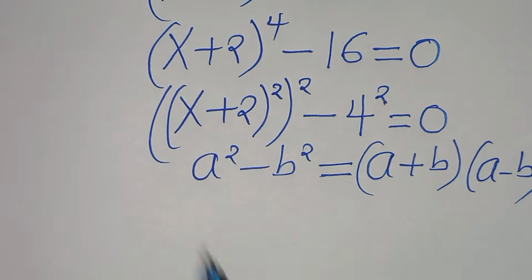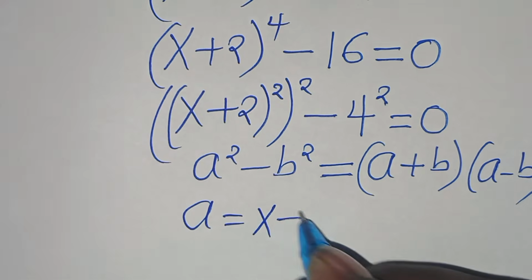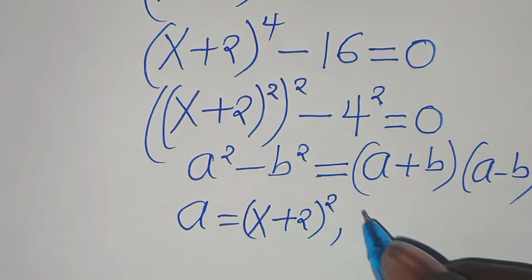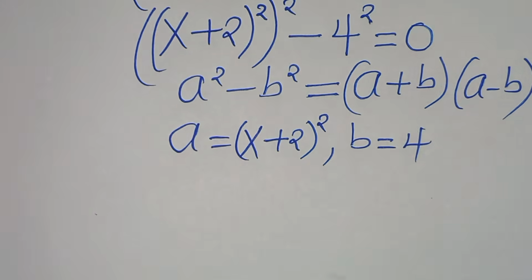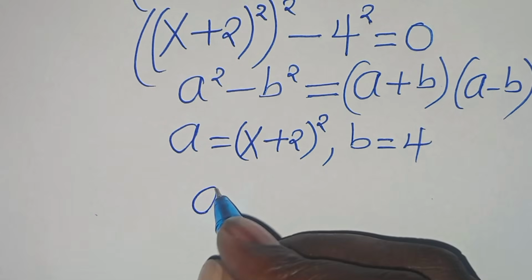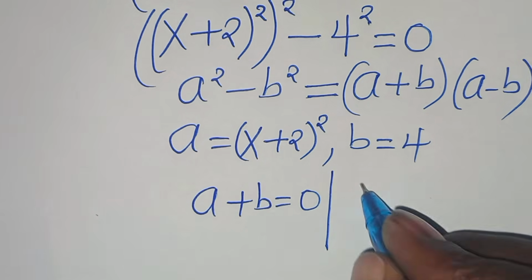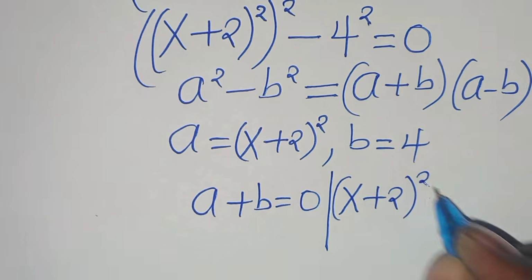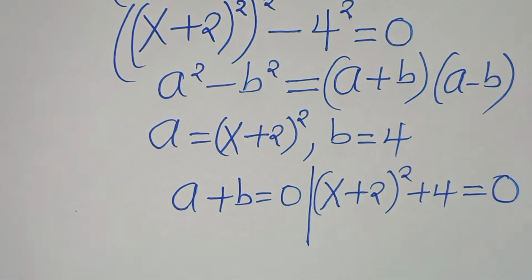From this equation, a is equal to (x + 2)^2, and b is equal to 4. So this implies that a + b = 0, the same thing as (x + 2)^2 + 4 = 0.